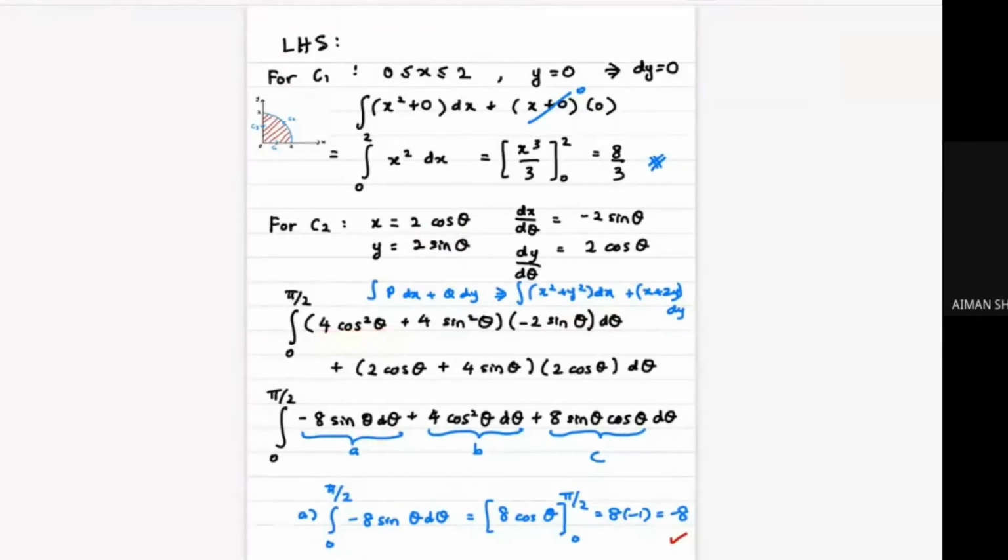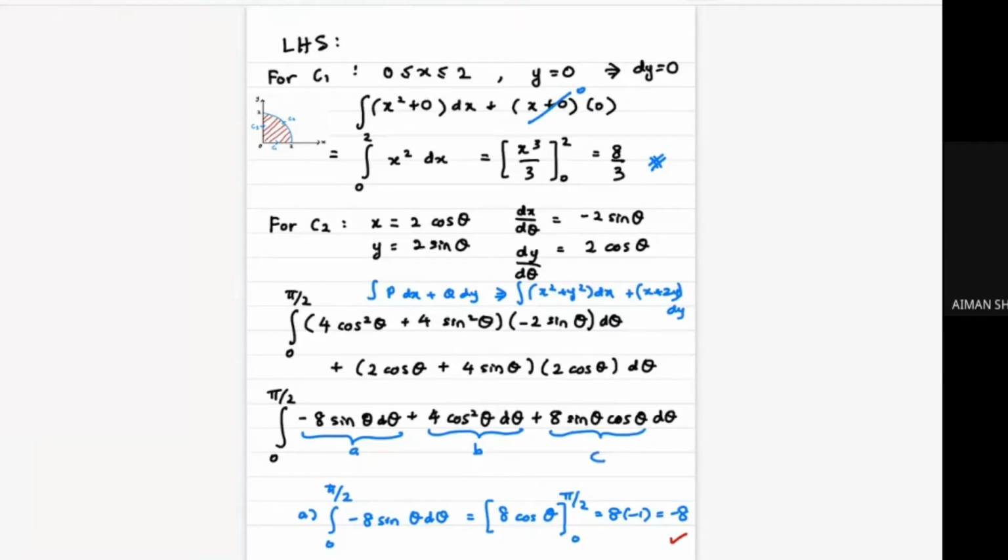So this is your x squared, this is your y squared, this is your dx, this is your x, this is your 2y, and this is your dy. Substitute all these and then simplify, you get this part.